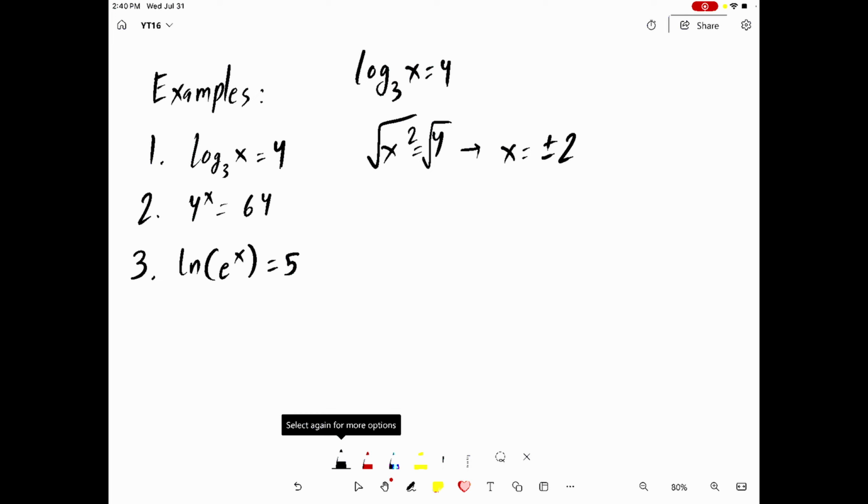It would be the exact same thing here. With logarithm base 3 of x equal to 4, we would do 3 to the power of everything, because 3 to the power of logarithm base 3 of x is just equal to x, and 3 to the 4th is equal to 81. So x is equal to 81 for our first answer.